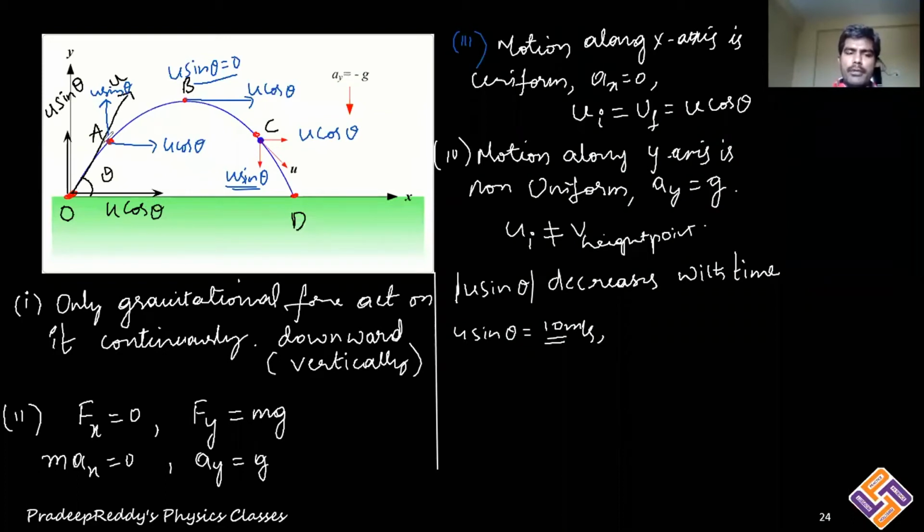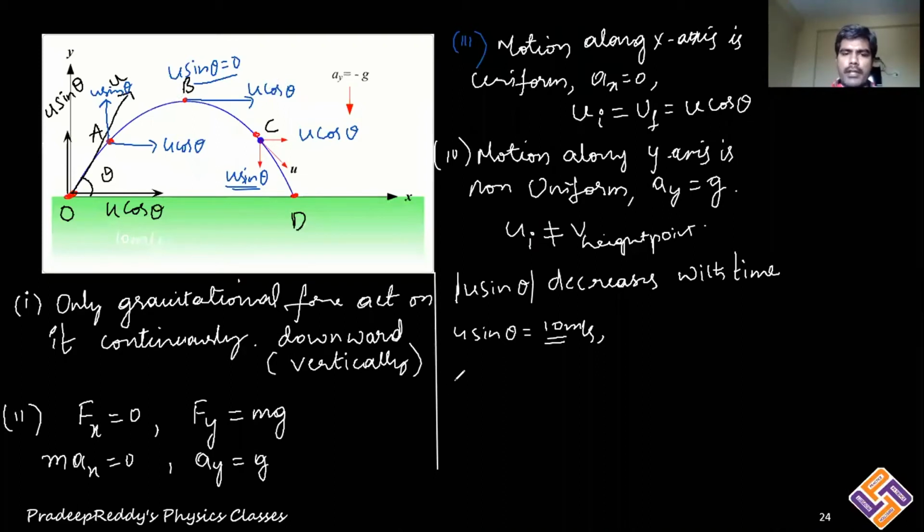So at the point of projection, if the horizontal component is 10 meter per second, the vertical component is also 10 meter per second. The horizontal component at position B will remain the same, 10 meter per second, but the vertical component tends to become 0.